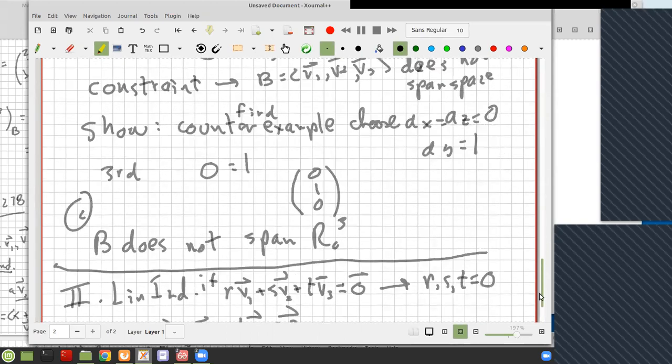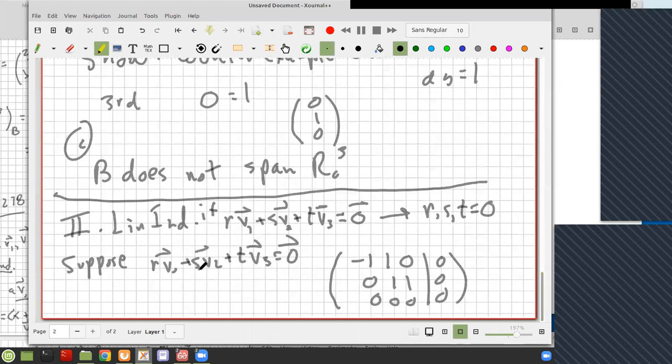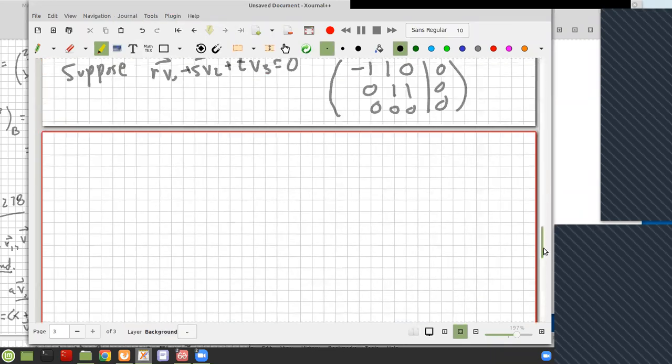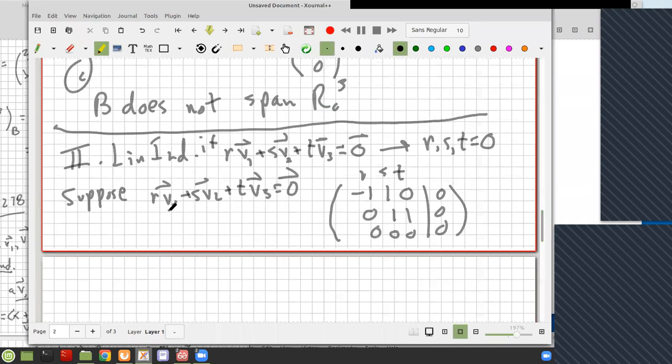So if I assume this is true, then the only way that can happen is if this is the solution. This linear system is represented by this augmented matrix in echelon form.